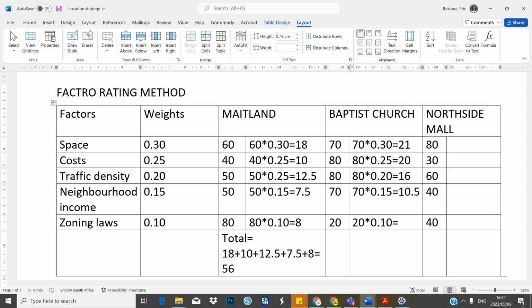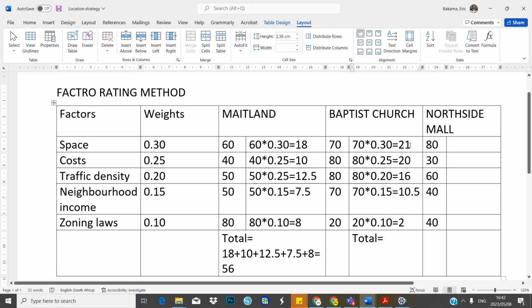Then 20 times 0.10, which gives me 2. I'm not going to write my value because I'm trying to maximize space. Then I will just add the total, which is 21 plus 20 plus 16 plus 10.5 plus 2. You're supposed to get a value of 69.5.